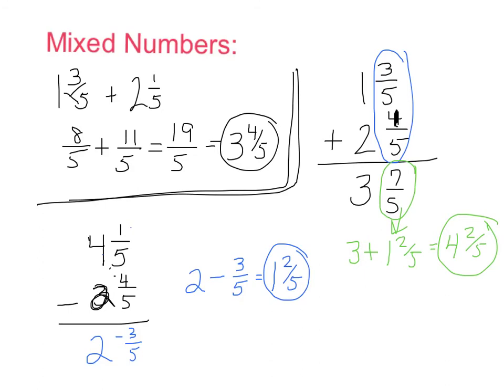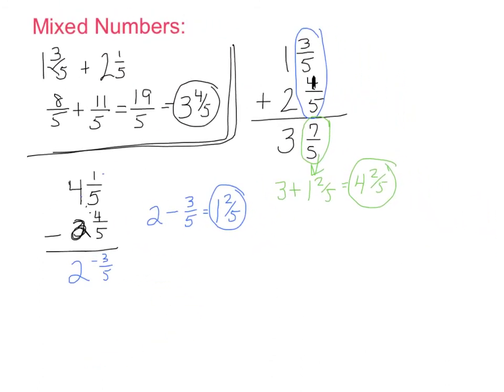Okay. The other way I can go about approaching this situation without possibly using this negative fraction within this mixed number is if I think about it as 4 1/5, and if I subtract 2 4/5.